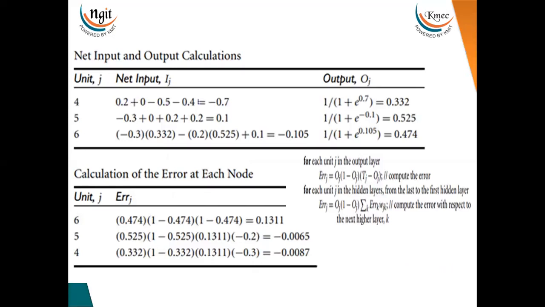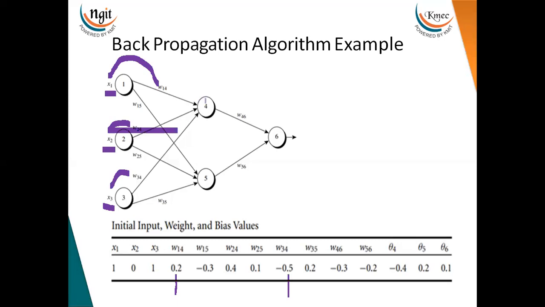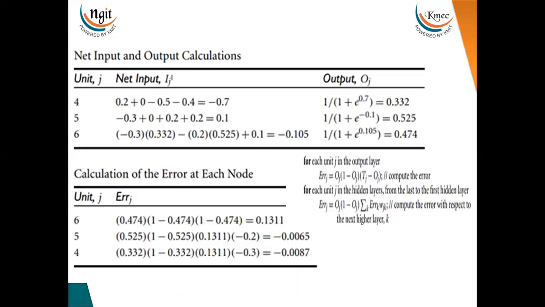Now, what is minus 0.4? That is the bias at node 4. So when you sum all this, what will you get? Minus 0.7. Now, this is the weighted sum plus bias.